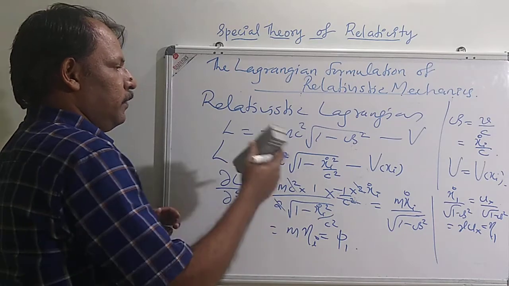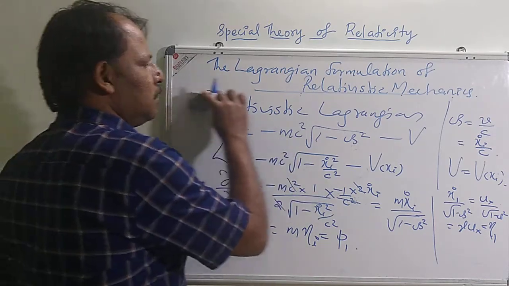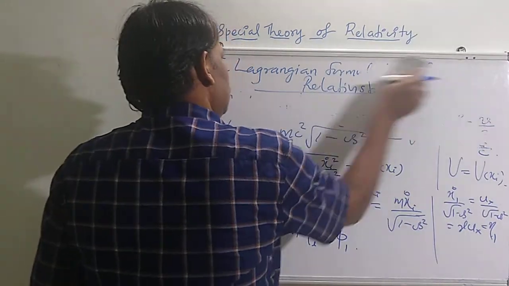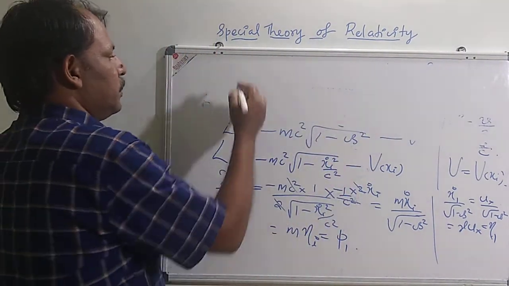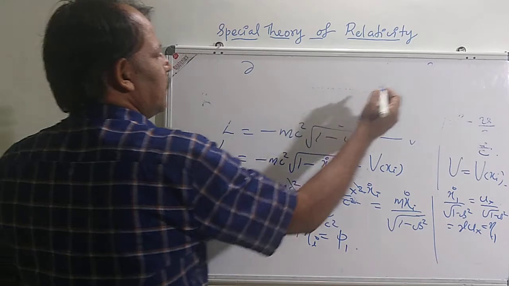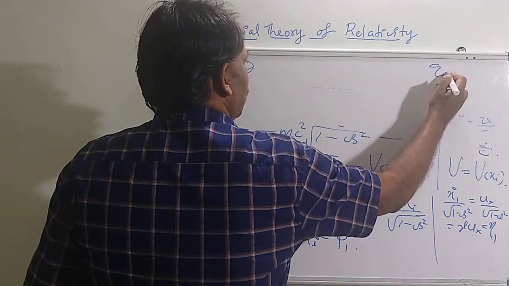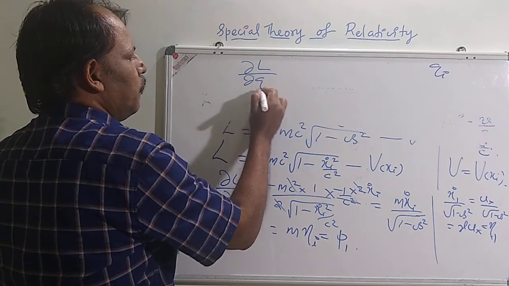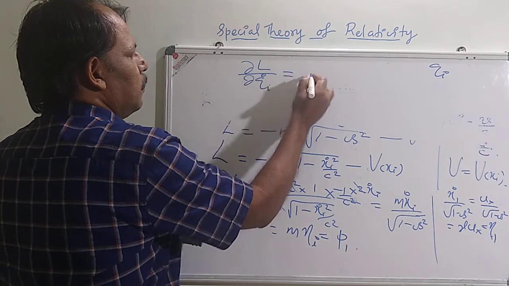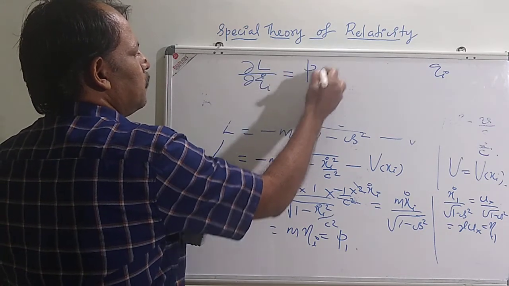This should also be satisfied in any coordinate system. In generalized coordinates, this equation can be written with qi instead of xi, so the differential of L with respect to qi dot will be equal to its momentum.